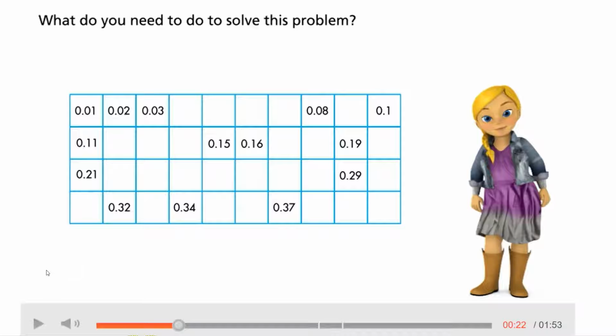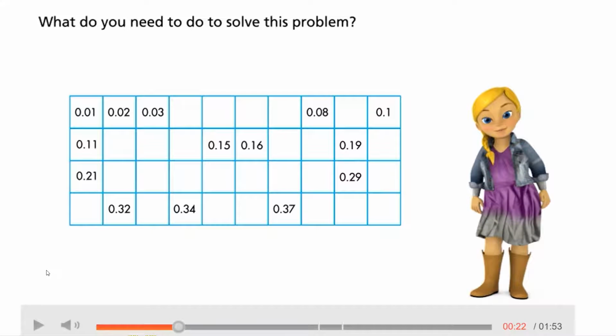So you're looking for a pattern that you see available in the numbers. Use the clues that are already laid out for you in different spots. So you can see all the numbers that are listed next to each other are moving 100th at a time. All the numbers that are stacked above each other, like in order from top to bottom, are moving from top to bottom by adding 1/10 to each one of those numbers.